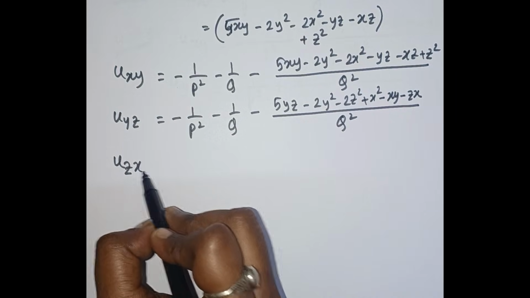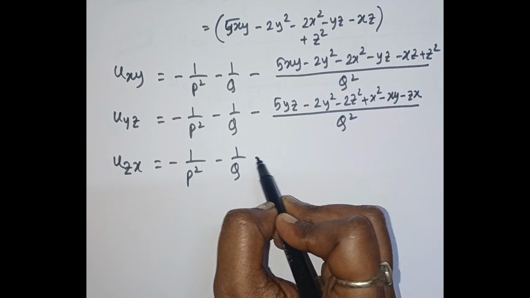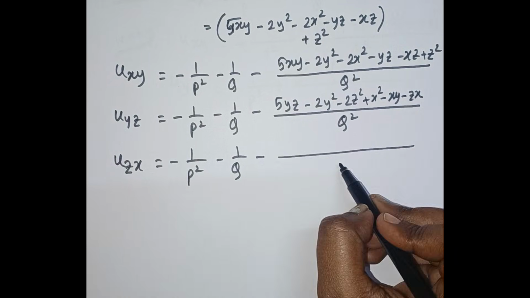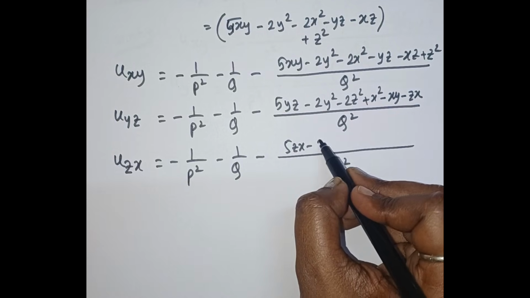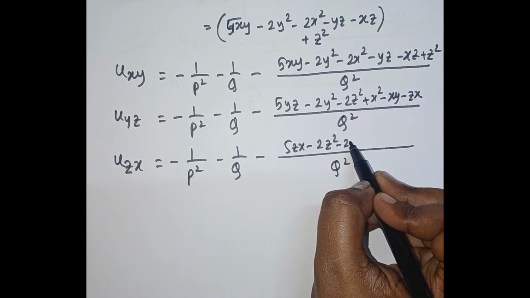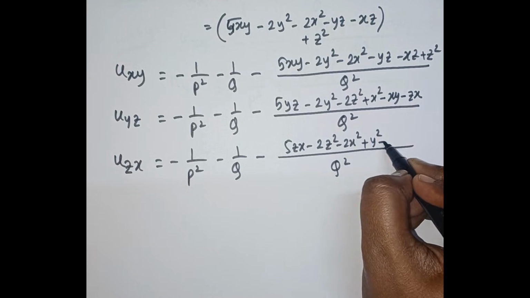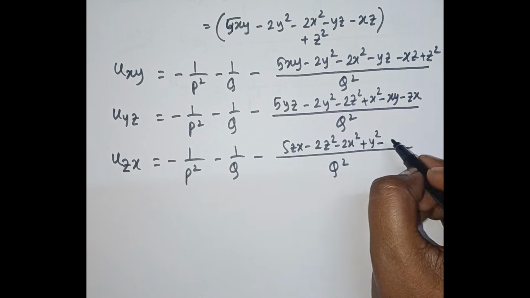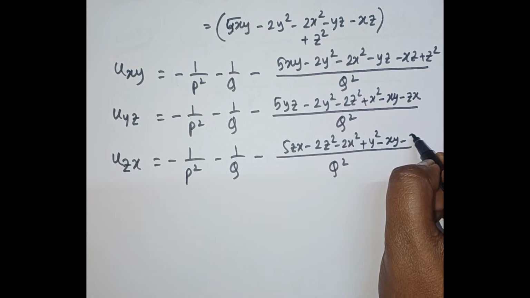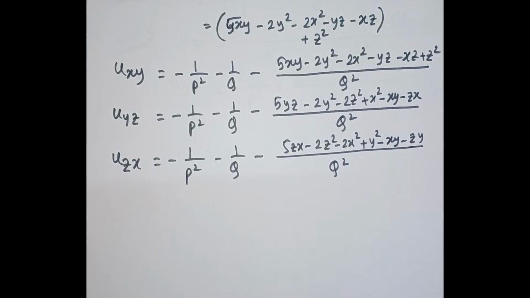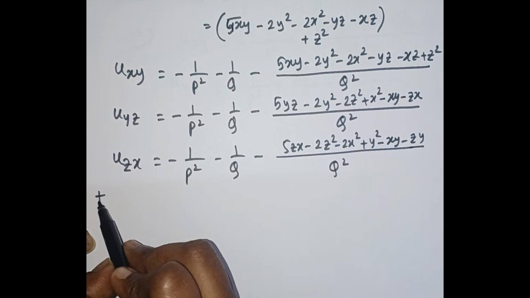Similarly, uzx will be minus 1 by p square minus 1 by q minus the denominator is q square and the numerator is 5zx minus 2z square minus 2x square plus y square minus xy minus zy. So we need the summation of uxy plus uyz plus uzx.